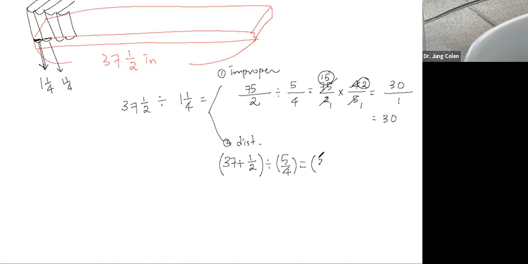We have 37 and 1/2, right? I just separate that with addition. Divided by 5/4, we can rewrite that as multiplication of 4/5. Now we can distribute, right? So you're gonna distribute 4/5 to 37, and you're gonna distribute the same number to 1/2.